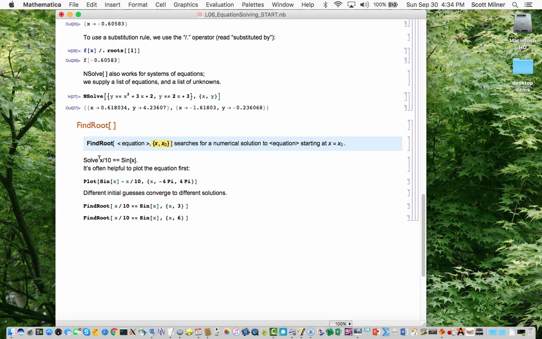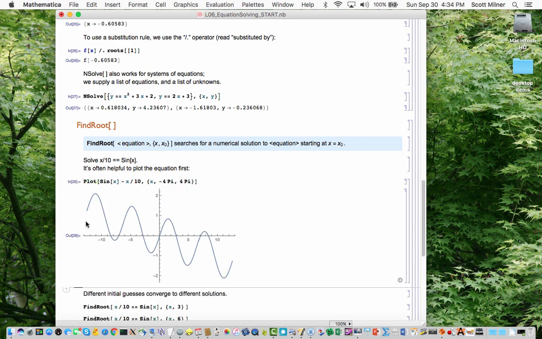So as an example of that, let's solve x over 10 equals sine x. To get a sense about what this equation is actually like, it's a good idea to plot it, that is to plot the right-hand side minus the left-hand side. And so I make a plot of exactly that over a certain range of x. And everywhere this function passes through 0, you can see that there's a root.